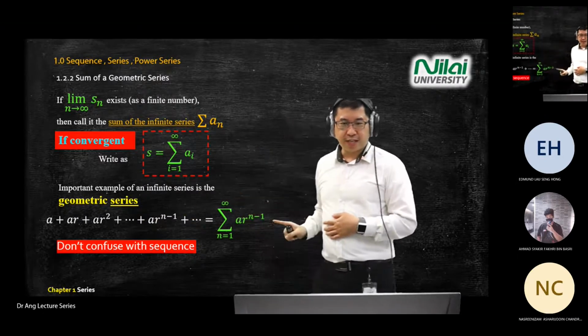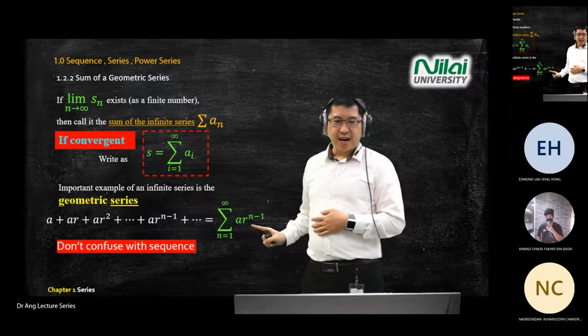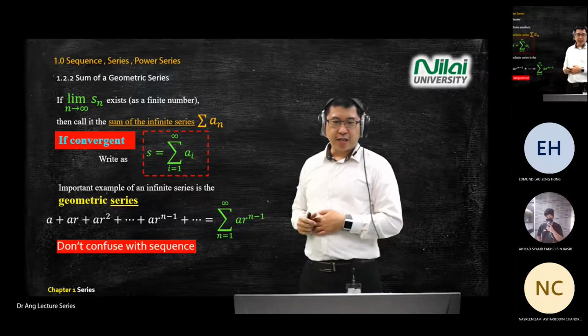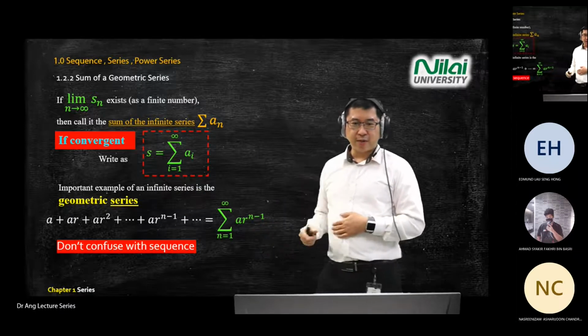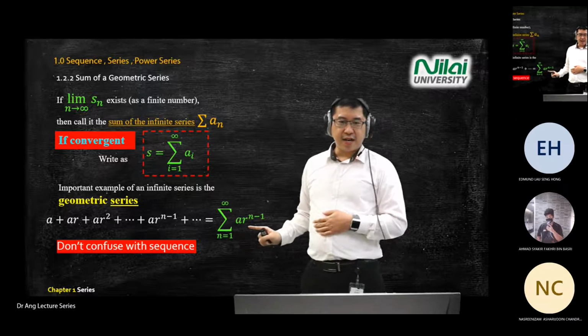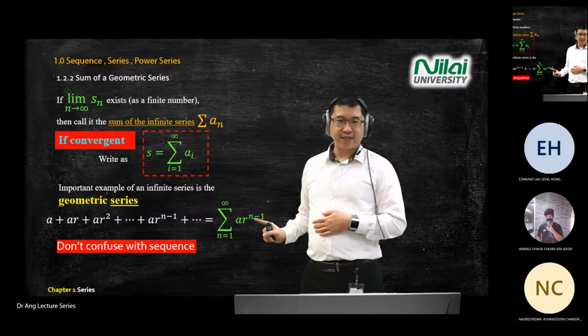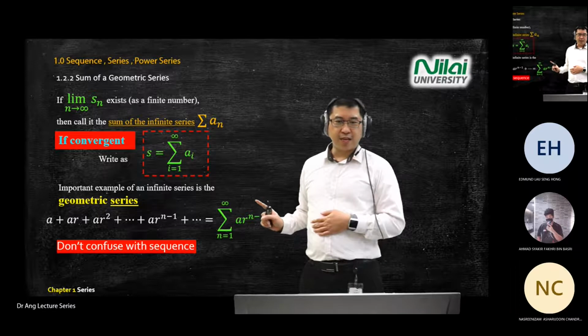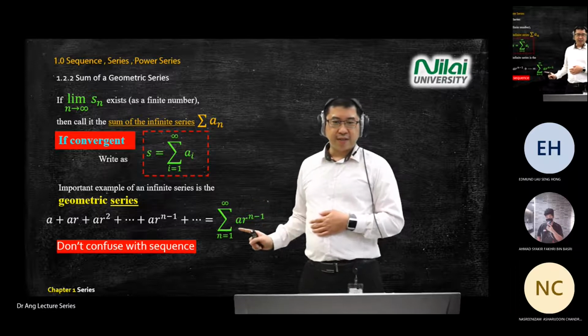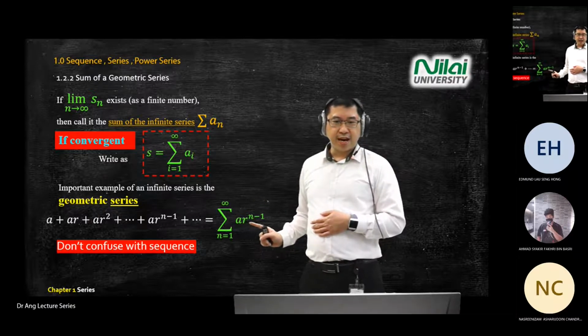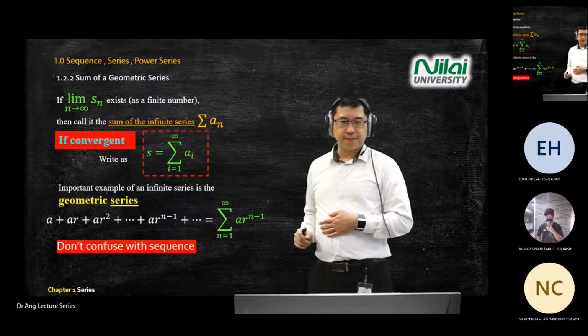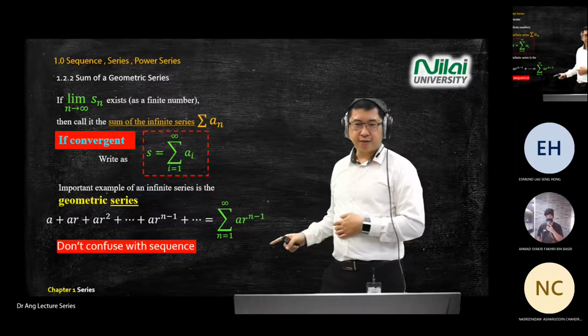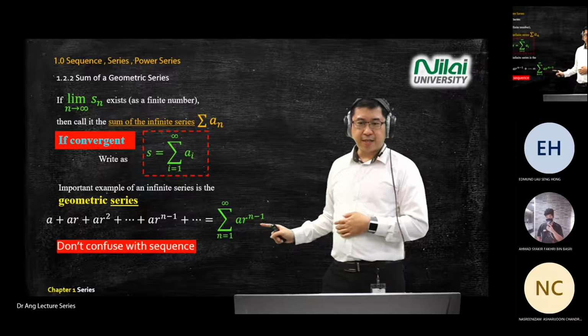Why? Because you look at this equation, AR^(n-1). When your n is 1, what do you get? AR^0, right? The first one. If your n equals 1, the first term you get is AR^0. Do you see that, Shakir? Nizam?